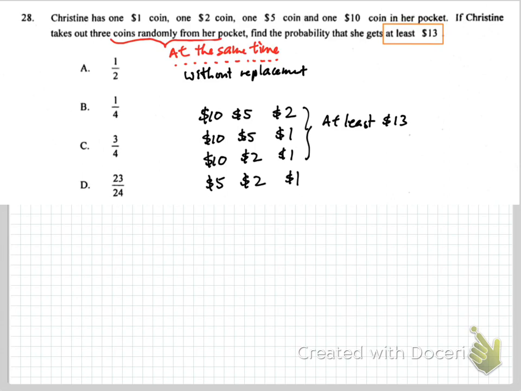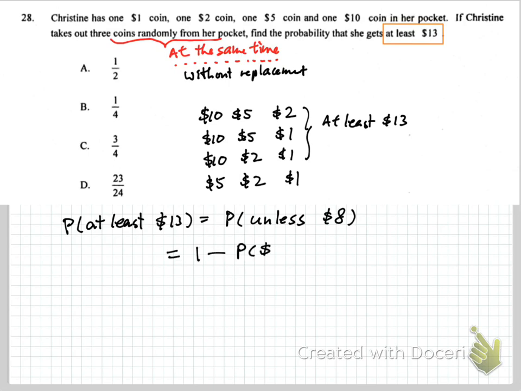Alright. So what does that mean? That means unless it is the $5, $2, $1 combination, the probability of at least 13 is 1 minus the probability of $8, and $8 will be the probability of getting the 5, the 2, and the 1.